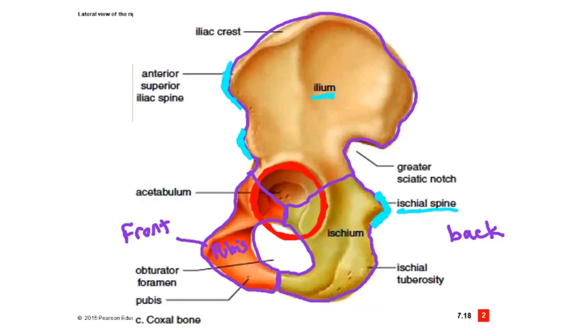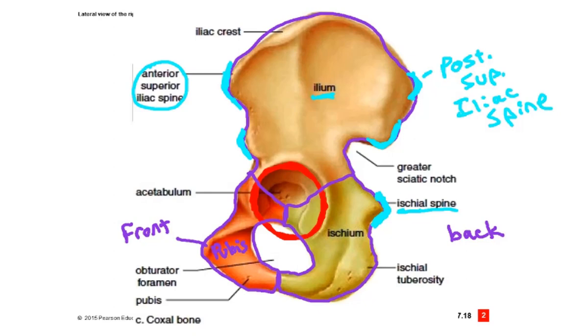Now up here on the ilium is another section. You have a bump here, and you have the bump right here that turns into this notch. So this bump up here would be called, just like the anterior superior iliac spine, the posterior superior iliac spine.